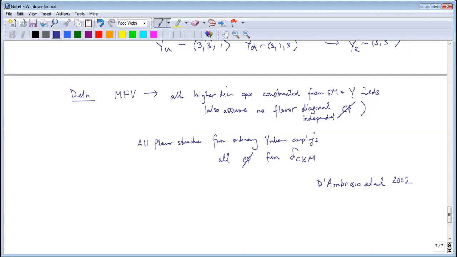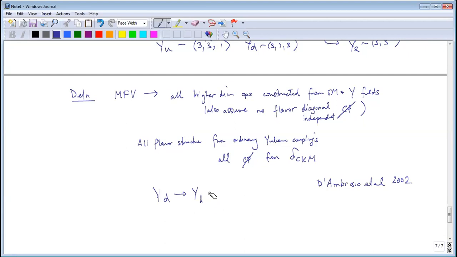And what people usually do, and I'll finish up in just a little bit, is the following. Remember, oftentimes we're looking at external down quarks, and so the up-type big splitting ones are in the loop. So oftentimes one goes to a basis in which the down-type Yukawas are diagonal.